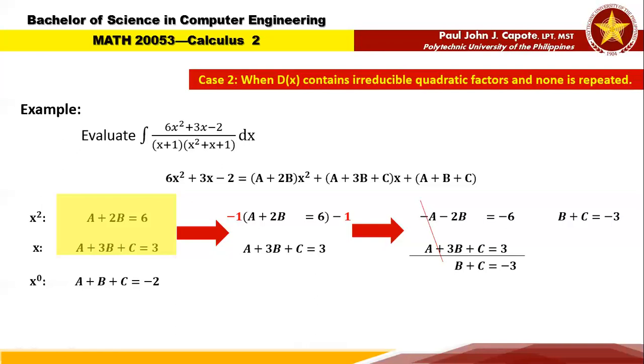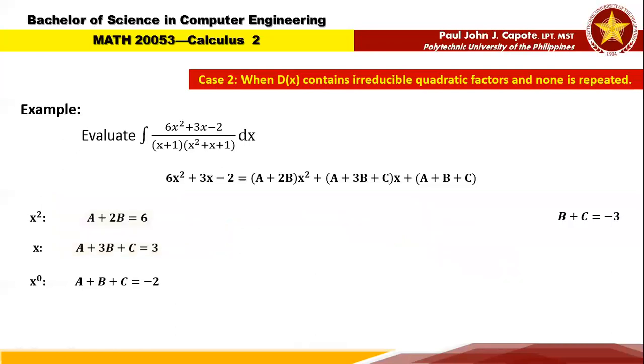Okay, so now I'll deal with the second equation and the third equation. So since I eliminated constant a in the first process, the same process will also apply to this.